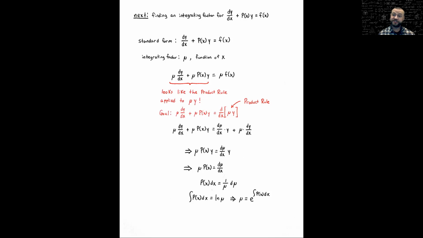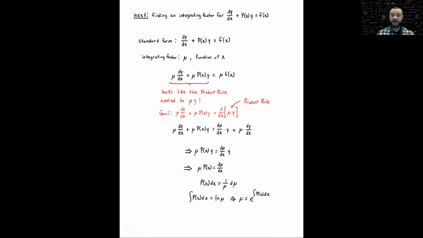All right, now that is consistent with our differential form version in terms of M, N, and their partial derivatives, but this is going to be a little more useful for solving linear equations, which we're going to summarize momentarily. So we arrived at our integrating factor formula for a linear equation in standard form.